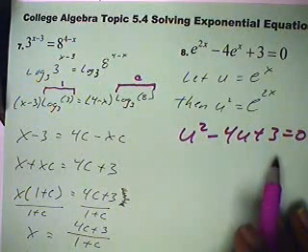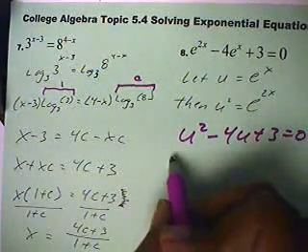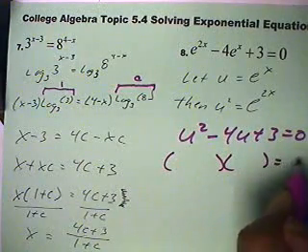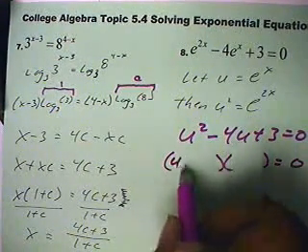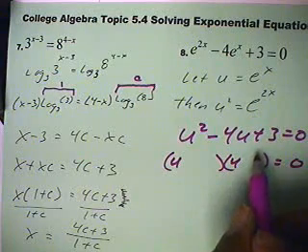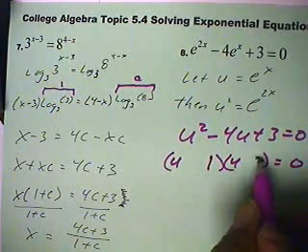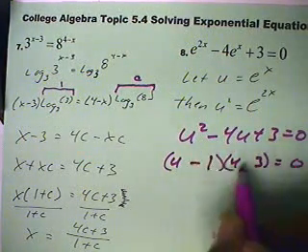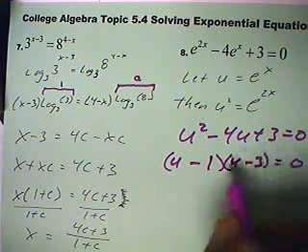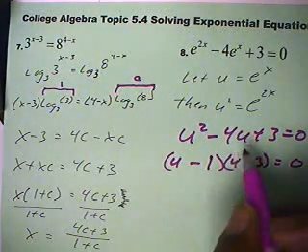Now we can solve this as a quadratic using u. So I want to factor this into two binomials, u times u for u squared, and 1 times 3 for 3, and two negatives here will still give us positive 3, but they will add together for a negative 4.